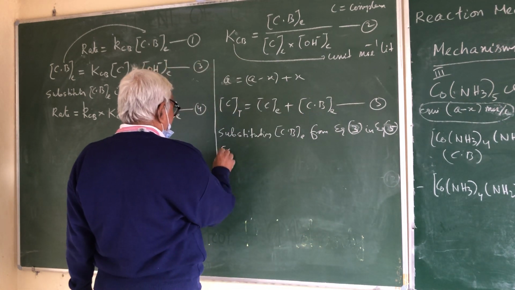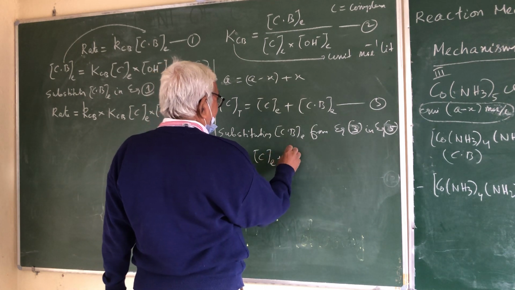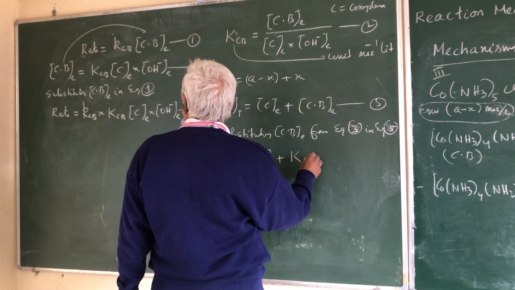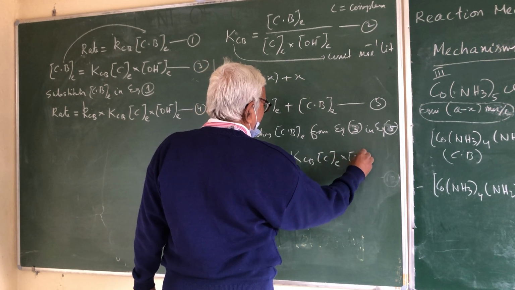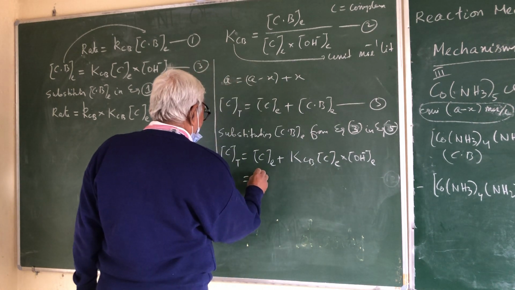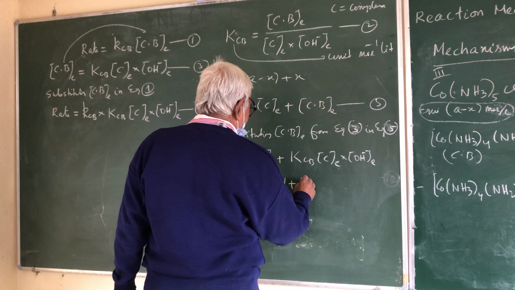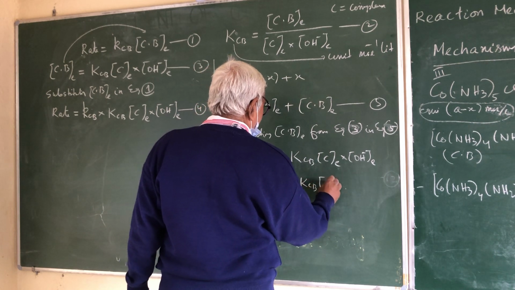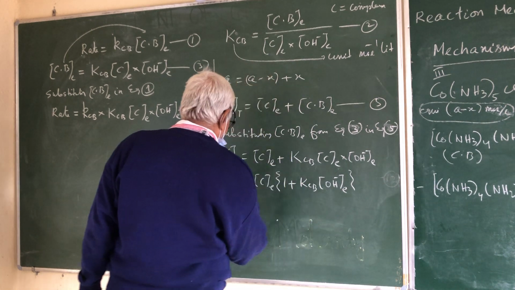Then what do you get? Complex total will be equal to complex equilibrium plus KCB into complex equilibrium into hydroxide equilibrium. Or complex equilibrium is common: 1 plus KCB into hydroxide equilibrium.